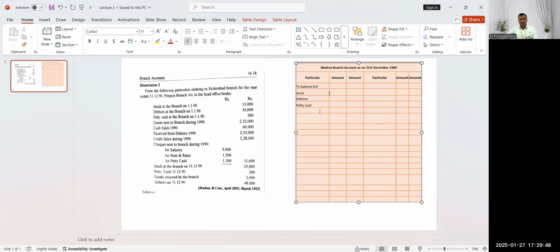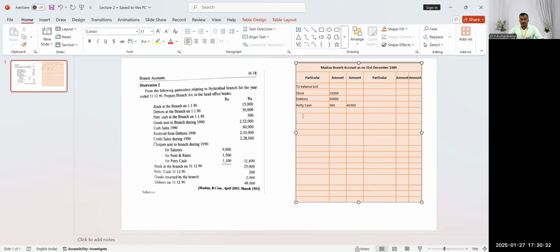Opening stock given in the name of stock at the branch on 1.1.1990 is 15,000. Then second one, opening debtors given is 30,000. Petty cash opening is 300. What is the total amount of these three items? 15,000 plus 30,000 is 45,000, plus 300. 45,300 is the total, to be written in the outer column.